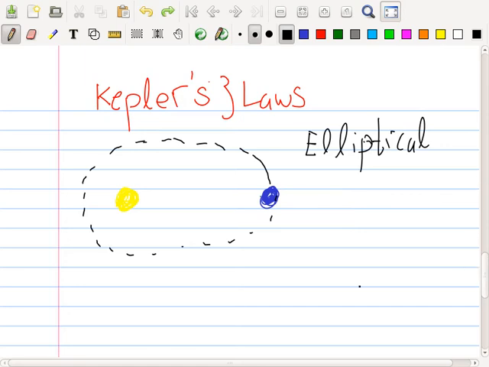Now, what's so special about this shape? Let me show you. If you have something elliptical, there are two special points inside. What's really special about these points is that if you imagine you have a laser, like a light, and you shoot a little light out from one point, and imagine this is a mirror, it will bounce not back to the same point but to the other point.